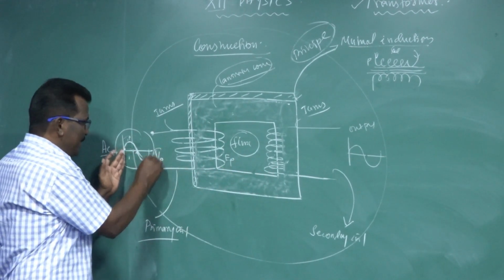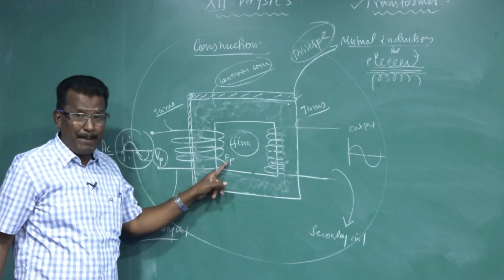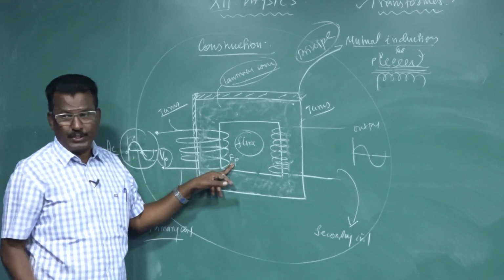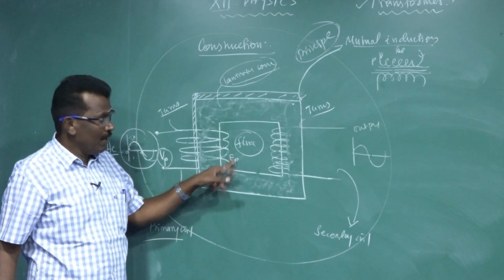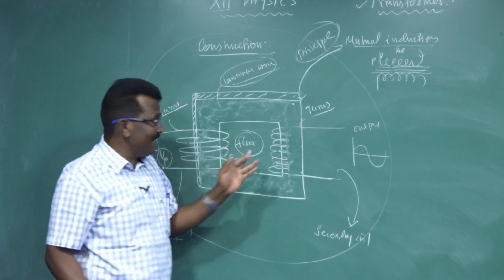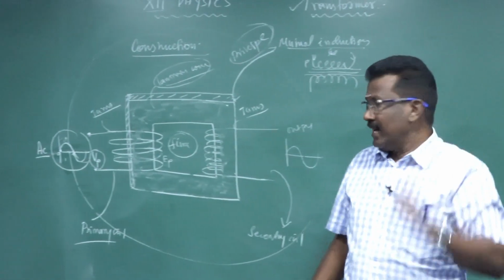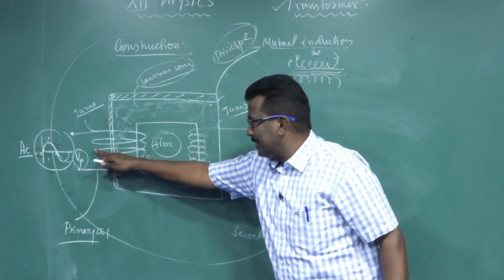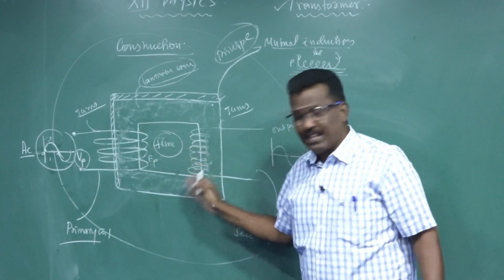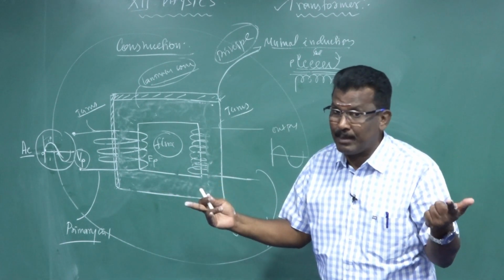The applied voltage is Vp, and the EMF induced in the primary coil is EP. Vp is the applied voltage, EP the induced voltage. The secondary coil is very close to the primary, so the same amount of flux links with the secondary. Suppose there is no change in the current: there is no change in the flux, so no EMF is induced, and no mutual induction takes place between the pair of coils.